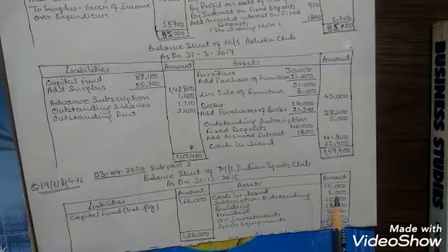Subscription outstanding is 3,000, building 75,000, furniture 18,000, 12% investments 30,000, sports equipment 30,000. All these figures from outstanding subscription to sports equipment are obtained from the additional information given in the question. Total comes to 1,66,000. On the liability side, nothing is there. Therefore, the balancing figure is your capital fund, 1,66,000.